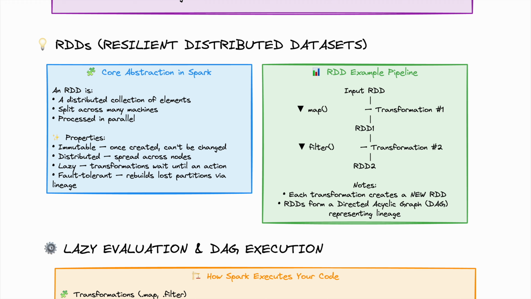So let's take one example. In this example, we have an input RDD, and the first thing we are doing here is calling a map function. In the map function, it does the transformation. So in the map, we may, for example, convert from one data type to another, from integer to string or vice versa, and it creates for us another RDD.